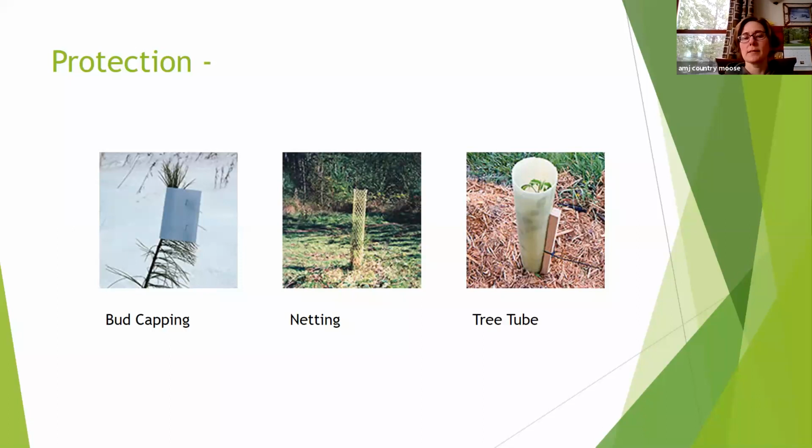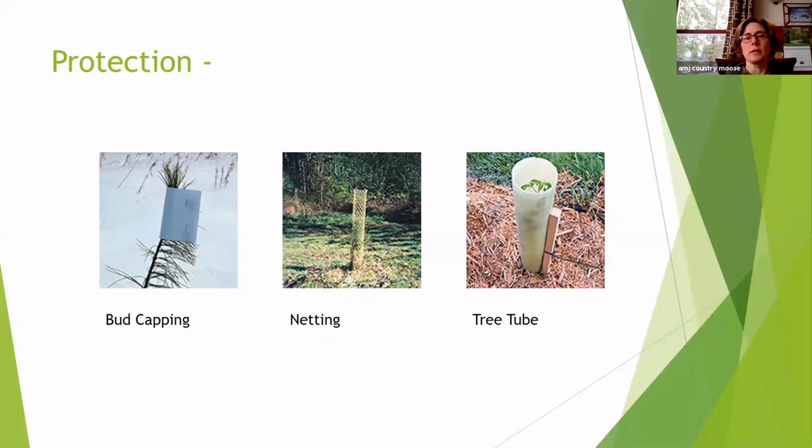The next is a planting or a netting. It's a rigid plastic tree tube essentially that kind of looks like fishnet, and you would use this primarily on deciduous trees.